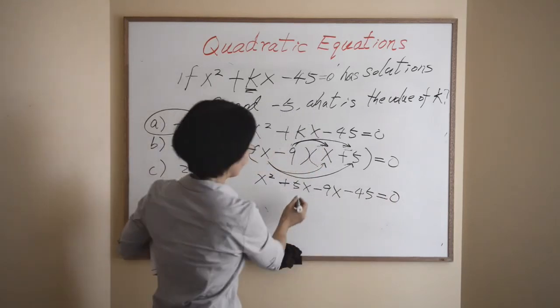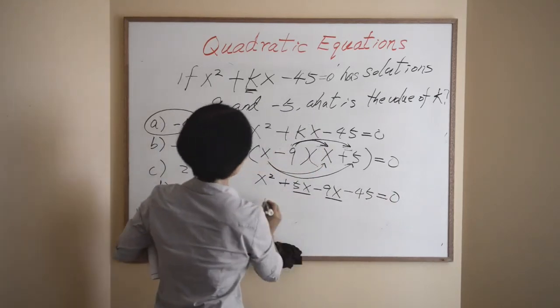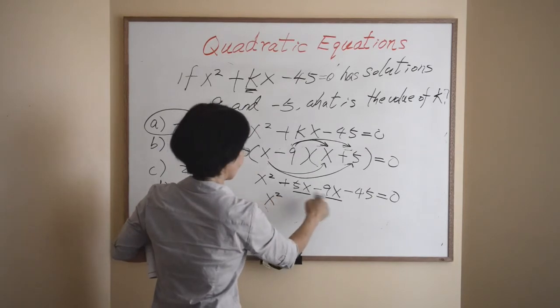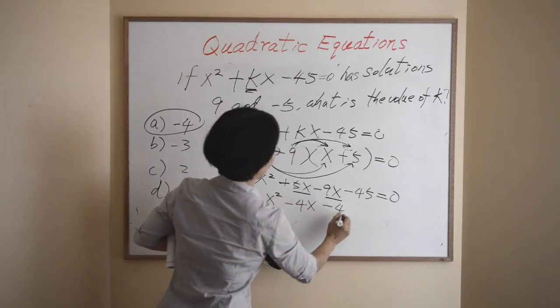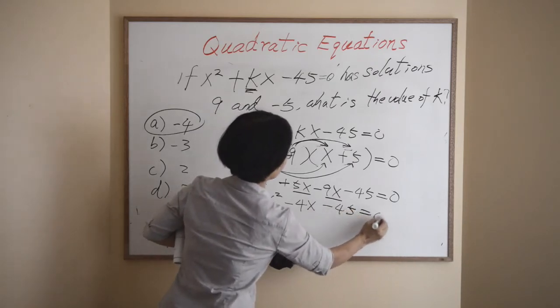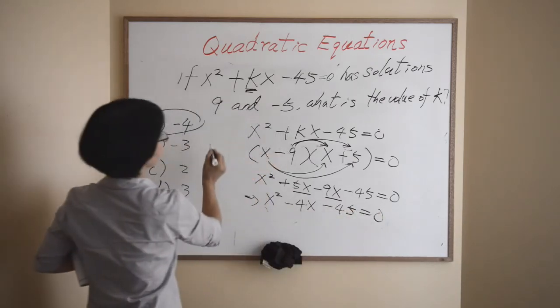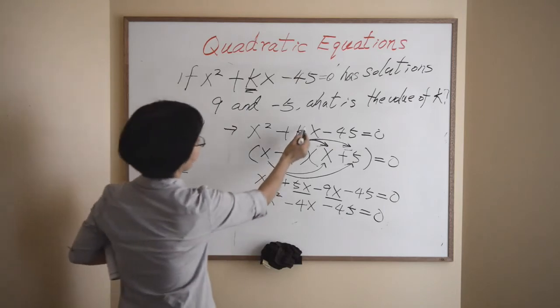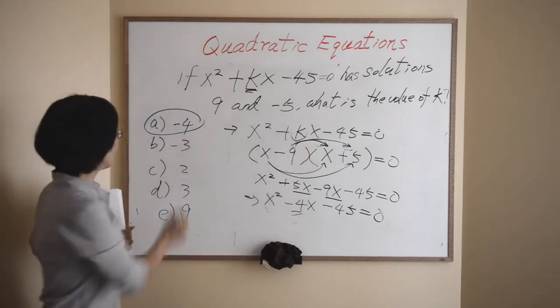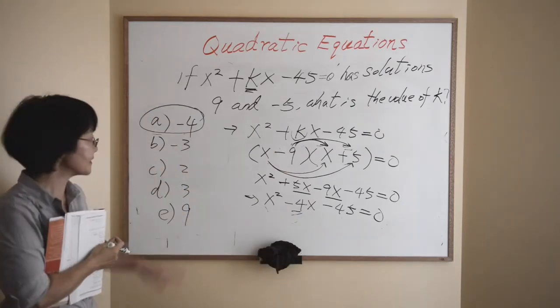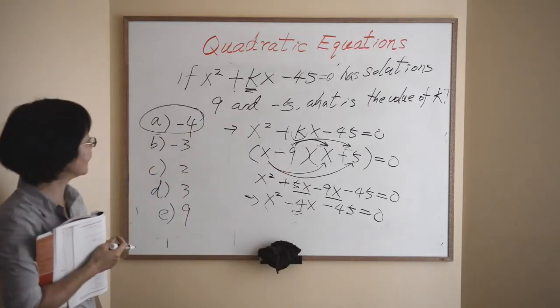So we combine the like terms: x squared, this becomes negative 4x, negative 45 equals 0. You see this equation is the same as this equation, except k here is negative 4. Okay, so that's why A is the answer. So that's how you do this kind of question.